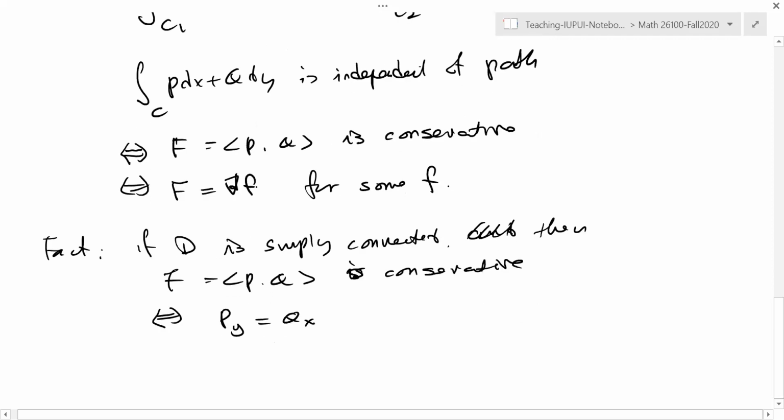So those two are equivalent. The difficult part is when P and Q satisfy this equation, you have to prove that F is conservative. That means F can be written as the gradient of another function.